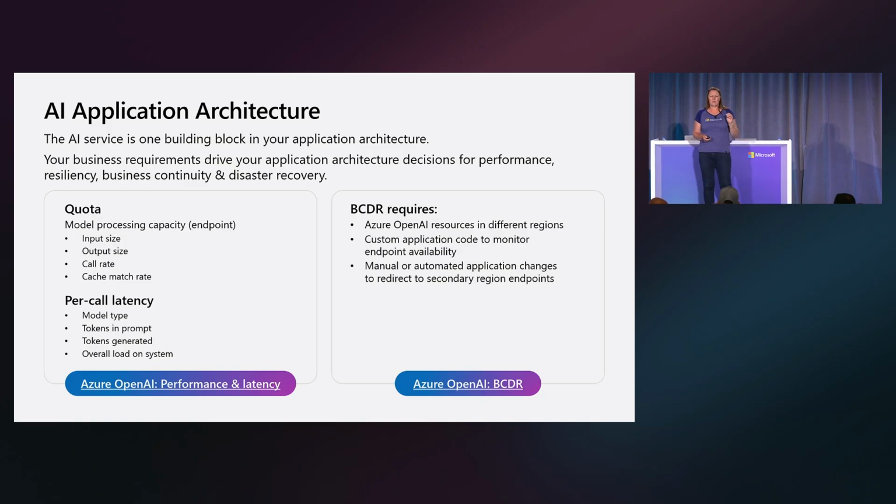Azure OpenAI resources, you can deploy into different regions, but they won't automatically fail over if one region is down. So do you need to build some resiliency into your application so that it will check and poll and point to a different LLM endpoint, or do you need to add on a different solution at the networking layer to do those redirects?